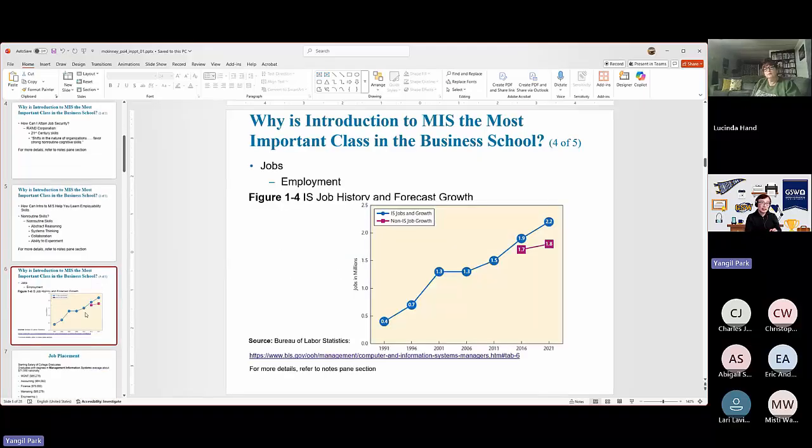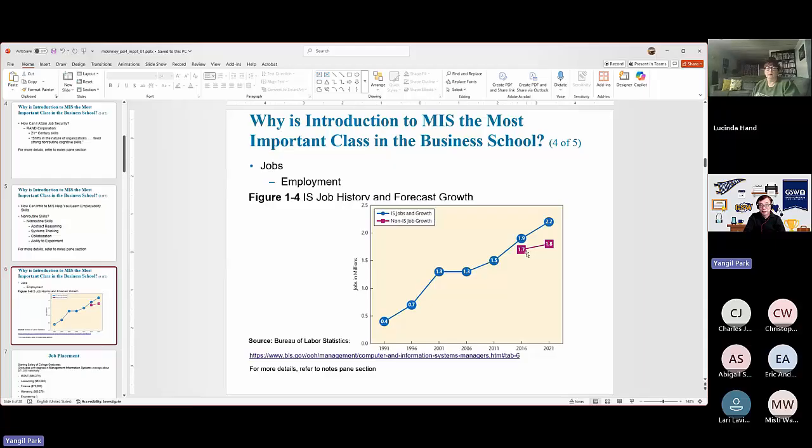Then also the chapter mentioned the job growth in the future. This is out of the Bureau of Labor Statistics. They produce these statistics every year, and obviously in the IS, MIS area, the growth rate is pretty steep compared to other job growth.